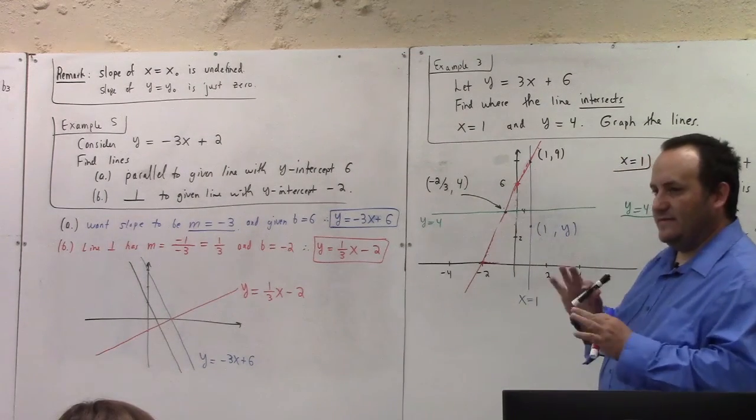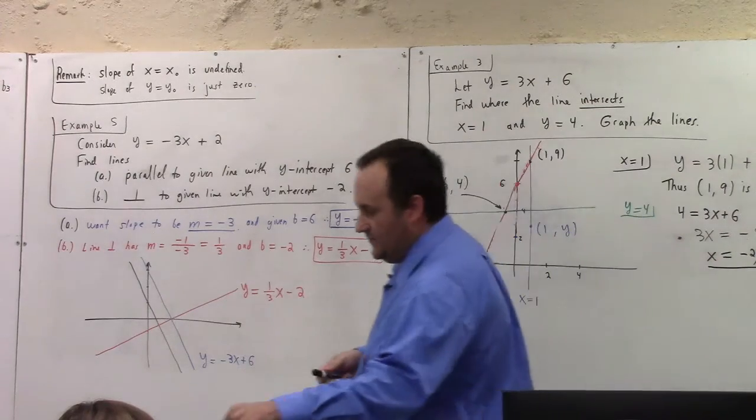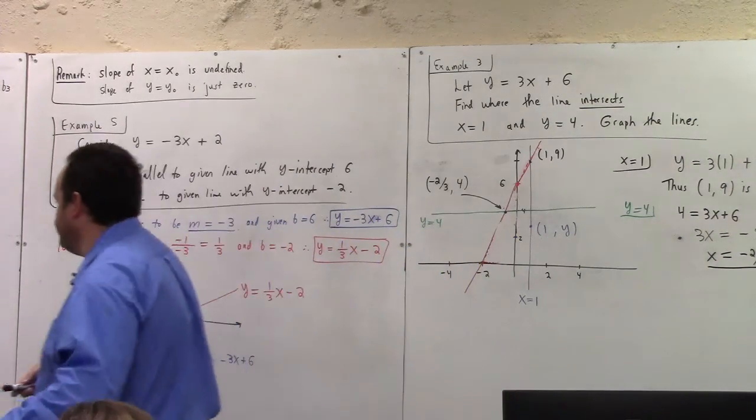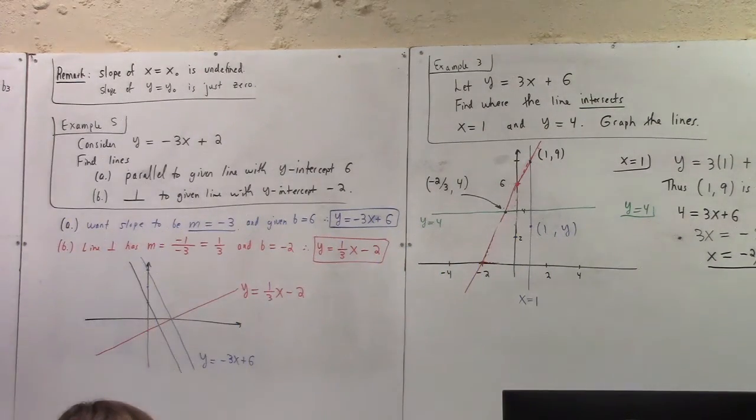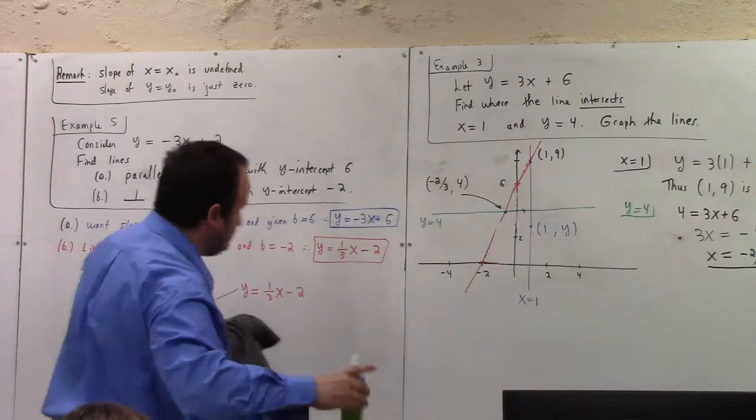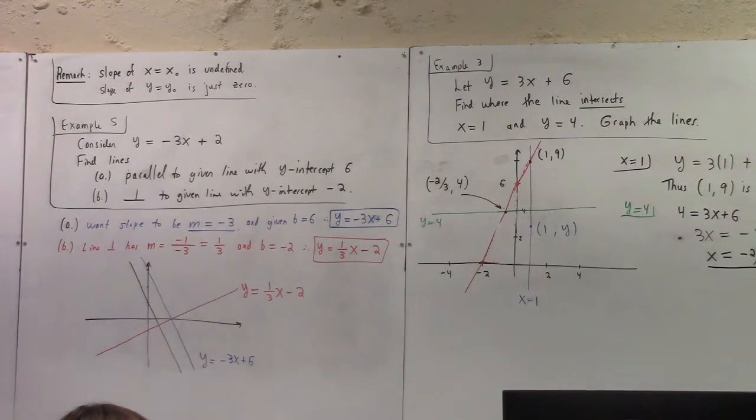Let me ask a kind of similar question, but make it a little bit trickier. So let's see here. Suppose we have a line, and that line has points which are given, all right?